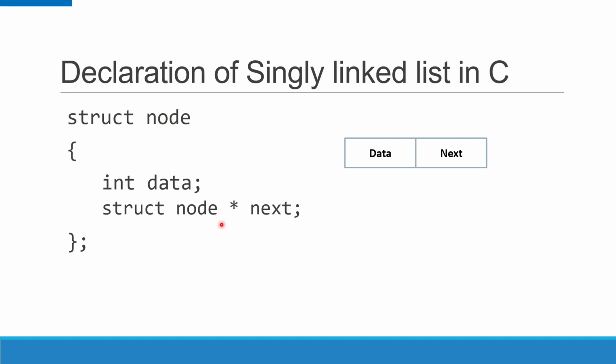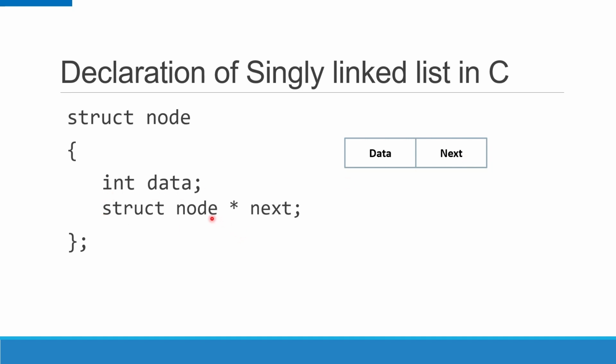So this means my next field contains the address of the next node. My next node is also going to have two fields, the same data as well as the next field, integer data type and pointer data type. So that is why I am using a self-referential structure.